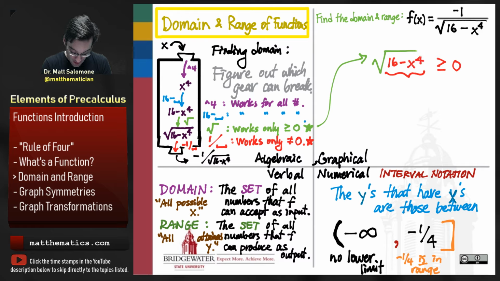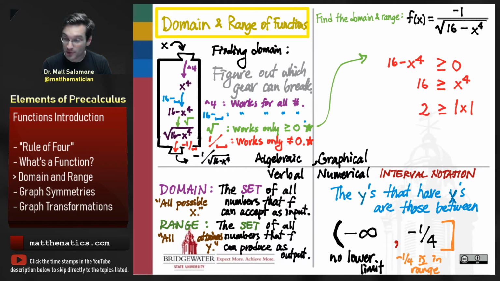And so, if I want to know how to satisfy my square root, I need to solve the inequality 16 minus x to the fourth is greater than or equal to 0. When I solve that inequality, by adding x to the fourth to both sides, I find out that x to the fourth needs to be less than or equal to 16. And when I take the fourth root of both sides, I get the absolute value of x on one side, and I get 2, the fourth root of 16, on the other side. Now I have one of these absolute value inequalities.